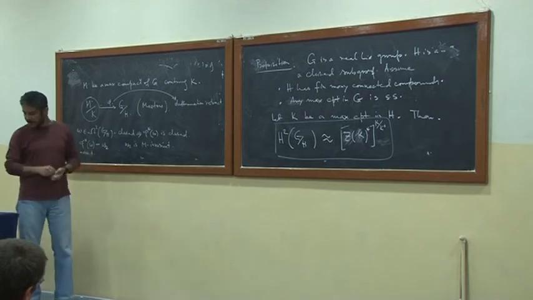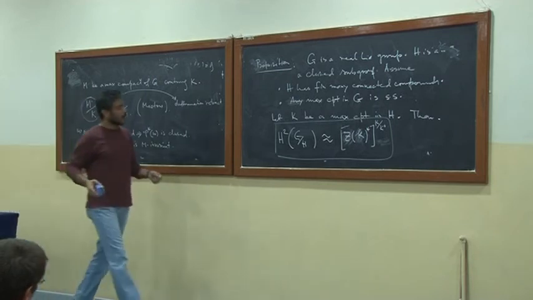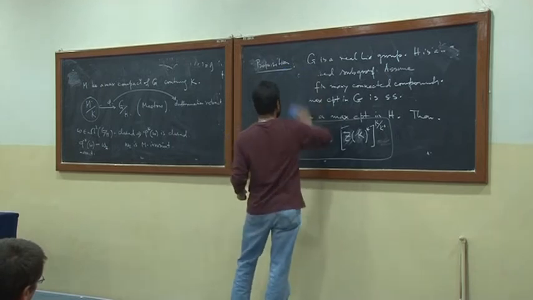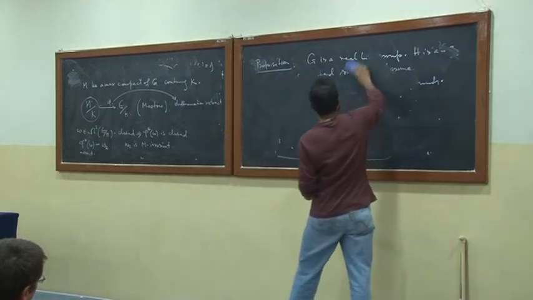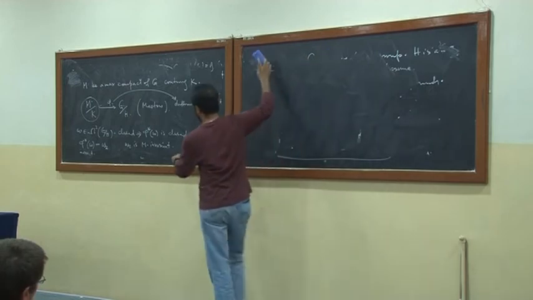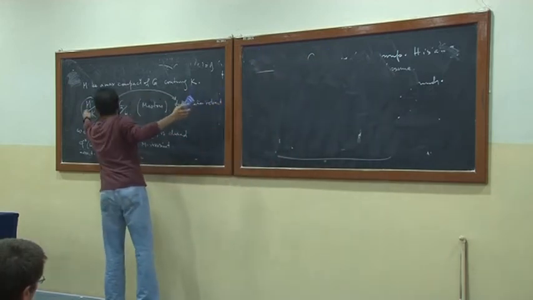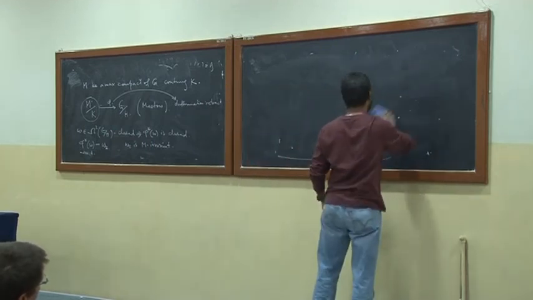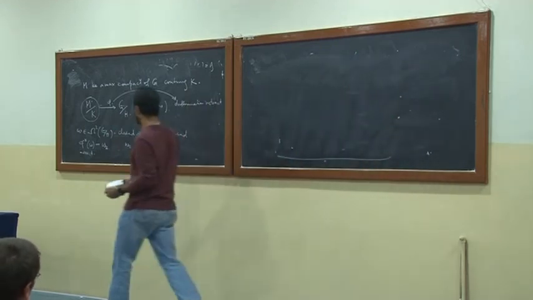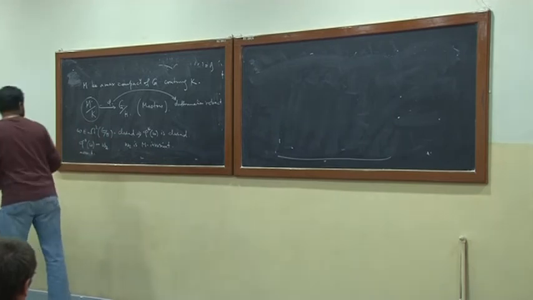But M invariant forms on M mod K are determined by what happens at the Lie algebra level at the identity. M invariant means M is acting transitively, so it just depends on what happens at the point.